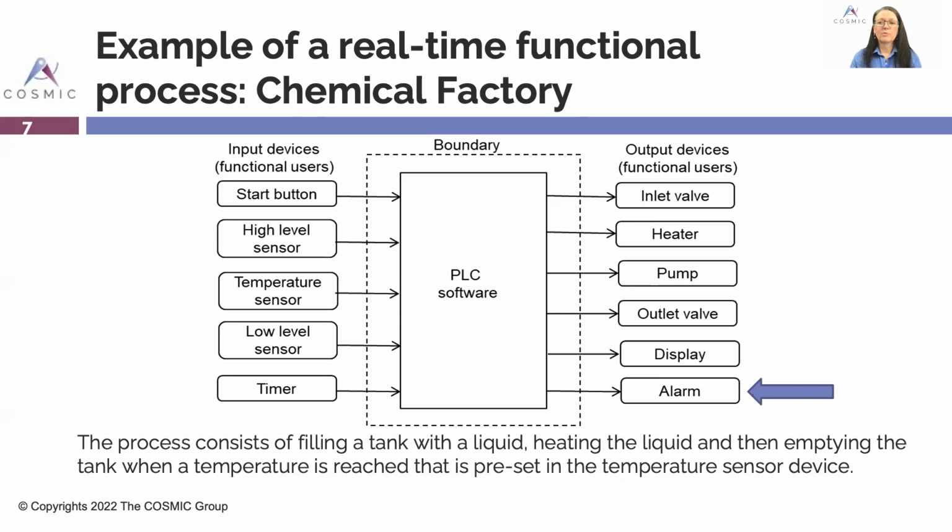And then when the process is started and while the process is running, the PLC software polls the valves, the heater, and the pump, asking for their status at regular intervals to detect any fault conditions.